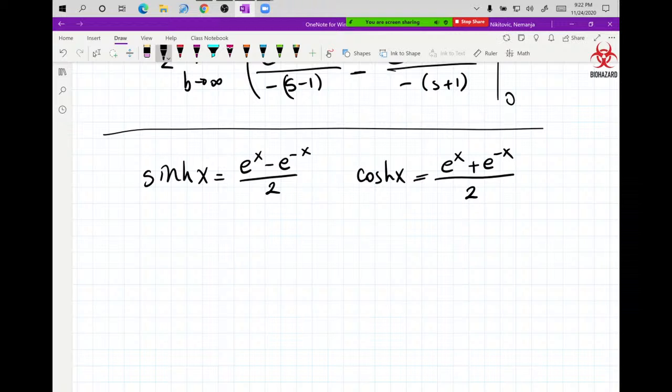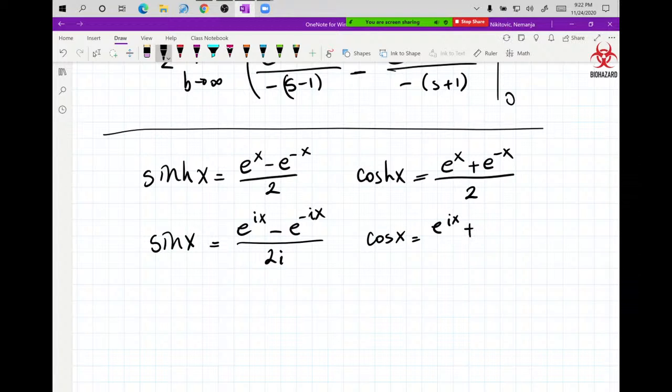Now compare that to sine x being (e to the ix minus e to the negative ix) over 2i, and cosine x being (e to the ix plus e to the negative ix) over 2, no i in this case.